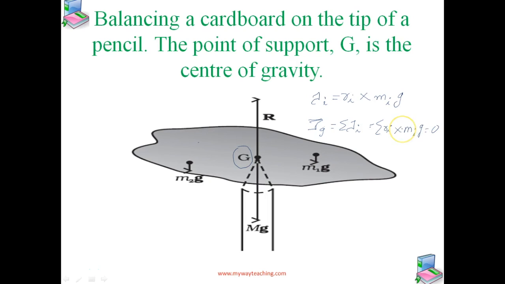So we can define the center of gravity of a body as that point where the total gravitational torque on the body is 0.